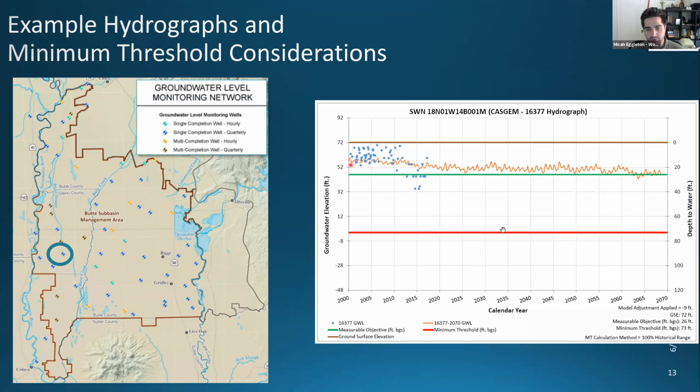We're just proposing that we add 10 feet to it because the range is so much smaller that 10 feet we feel would allow greater operational flexibility in this well in the future. Now, that still means that it's lower than the historical low, so it probably won't get there, but it just adds a little bit more protection because that range is much smaller.